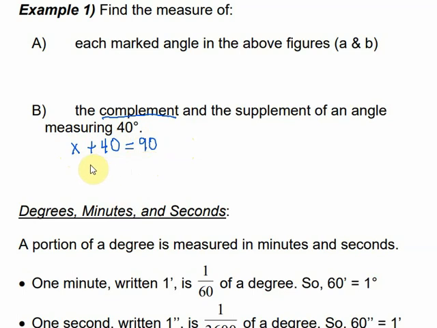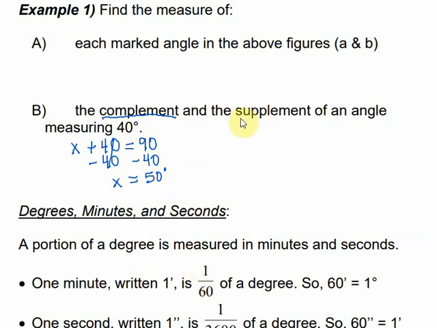So all I have to do is subtract 40 from 90 degrees, and that would give me 50 degrees. So the complement of an angle measuring 40 degrees would be 50 degrees.